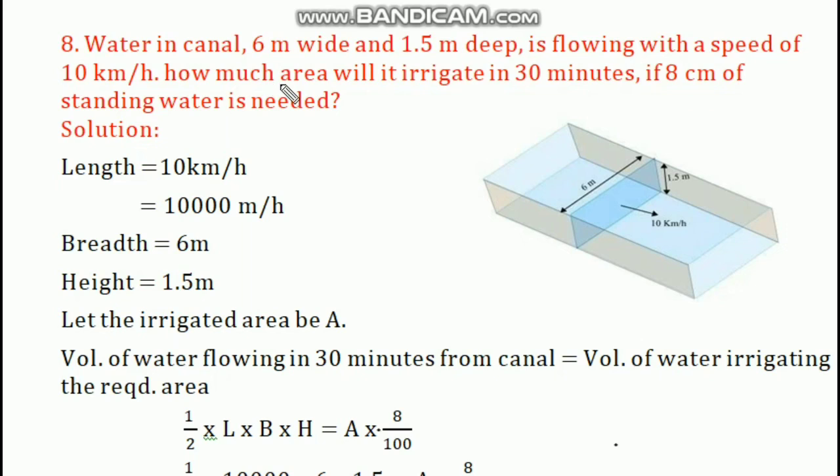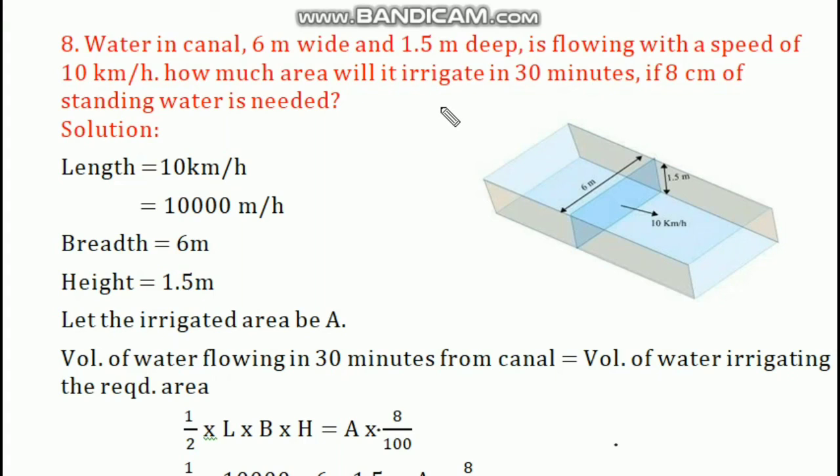So here we need to find the area of irrigated water. The height is given: length into breadth is the area, and the height is 8 centimeter.